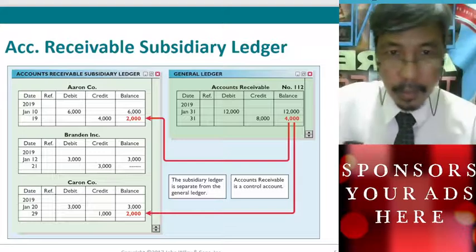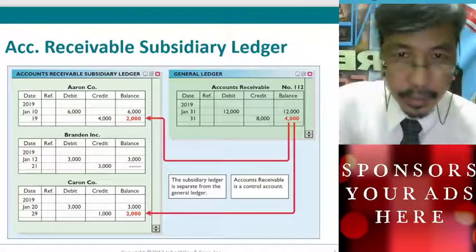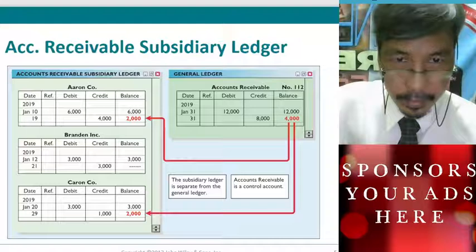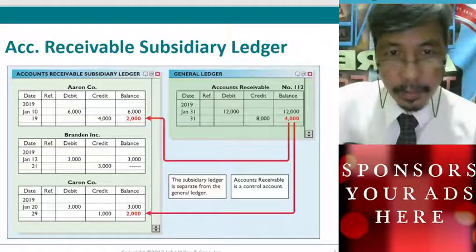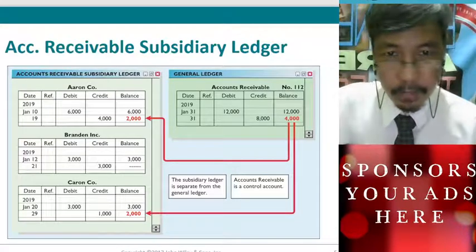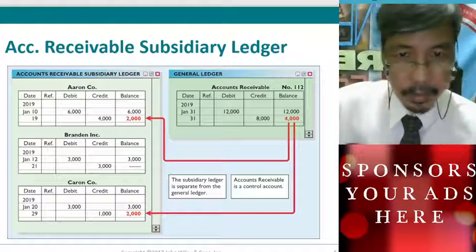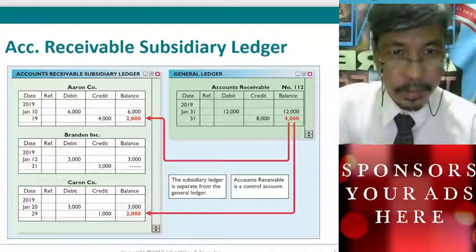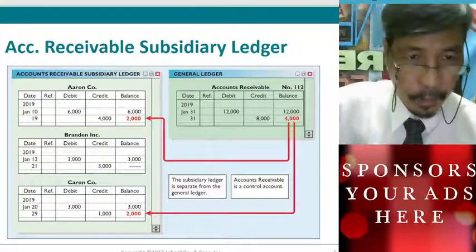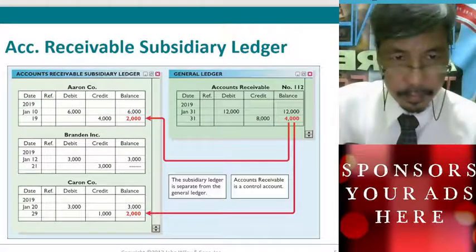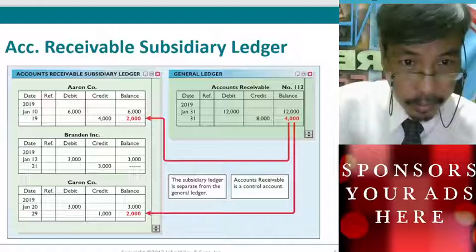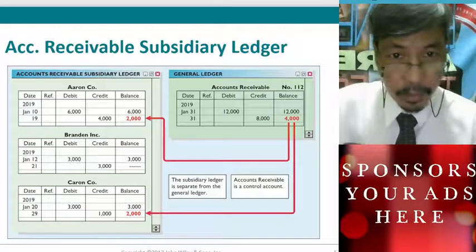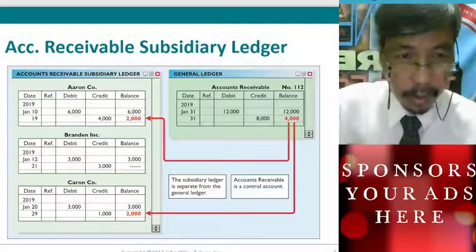So accounts receivable, subsidiary ledger. We have Aaron Corporation, Brandon Incorporated, Caron Corporation. So these are subsidiary. And then in the general ledger, of the company, we have the total: 2,000 plus 2,000, we have 4,000.